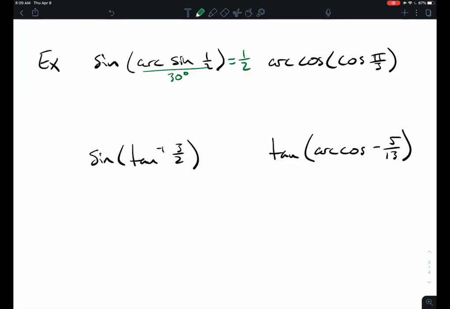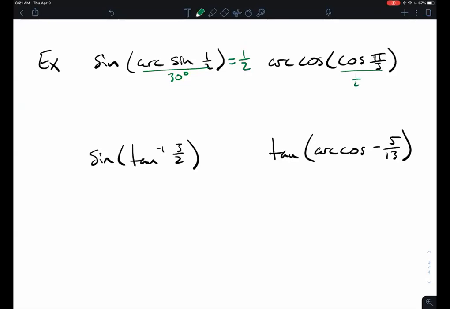I think the ones I leave you with are more on the straightforward side. But how about arc cosine of cosine pi over 3? We start with the inside. Cosine of pi over 3 is also 1/2.